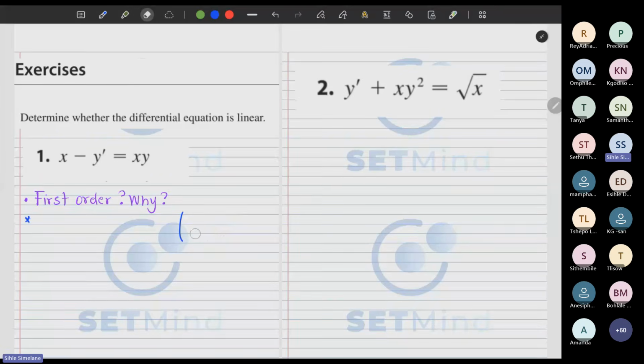Okay, but anyway, this one here is a first order, guys. Why is it a first order? It is because the highest derivative is the first derivative.